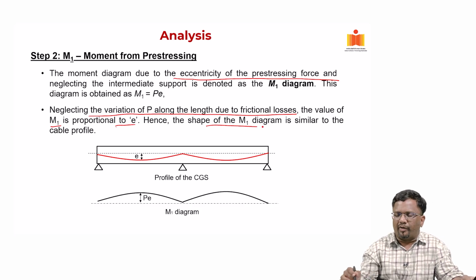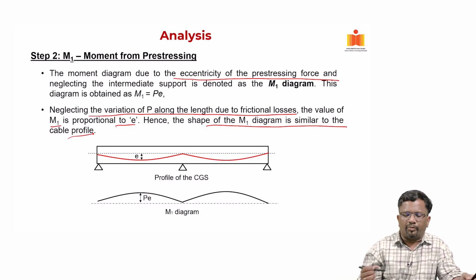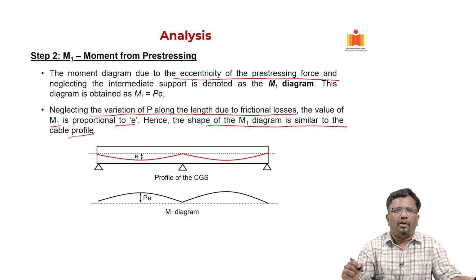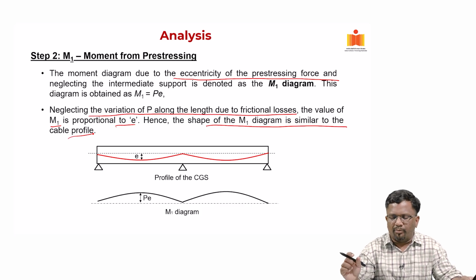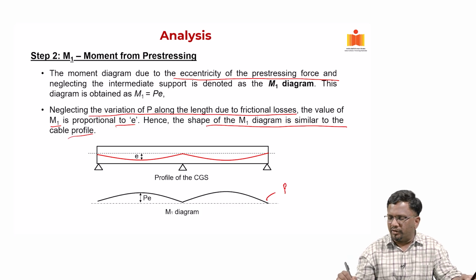Hence, the shape of the M1 diagram will be similar to the cable profile. This is nothing but the pre-stressing force multiplied by the eccentricity of the cable. So, that is your M1 diagram. This is also called the primary moment diagram.